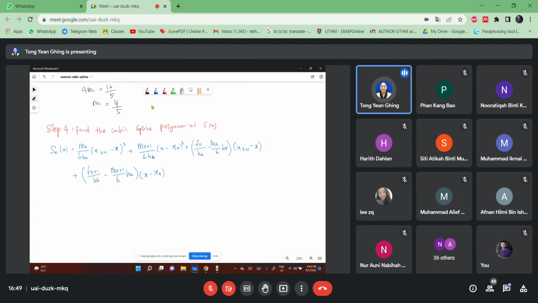Okay, now start from k equal to 0. So S0(x) equal to M0 over 6 h0. Just substitute.